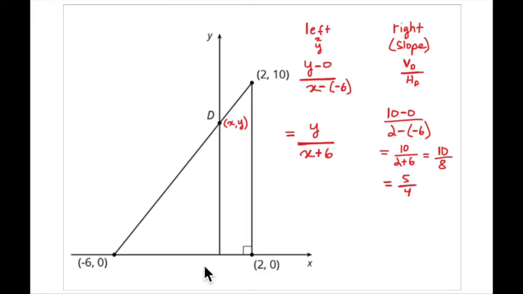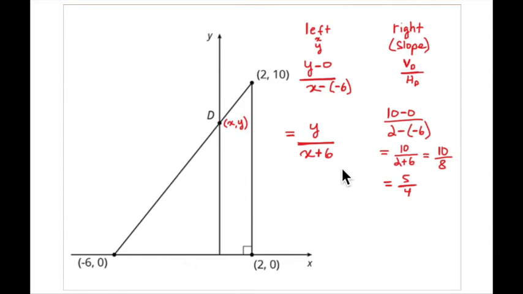So this 2 right here minus a -6 tells you that the distance from this point to this point is 8 units. So that ratio is 10 over 8, which simplifies to 5/4. What that tells you is that the number of units in the vertical direction is going to be 5/4 times the number of units in the horizontal direction.